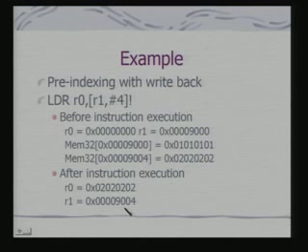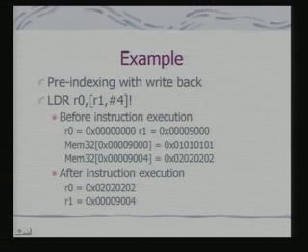R1 content is changed to 9004. This is the basic operation. That means, what you can find out is that in case of pre-indexing, the content of two registers, in this case since I am using a load instruction, gets modified, the base register as well as that of the target register.